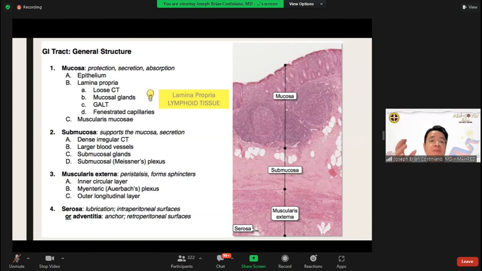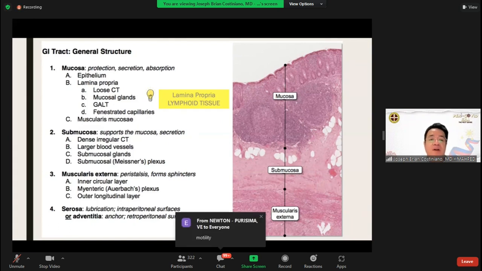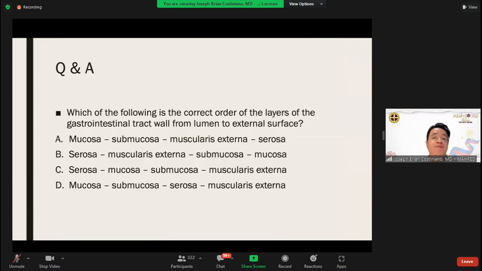Meanwhile, your Auerbach's plexus is in your muscularis externa. And Auerbach's is myenteric, so movement, peristalsis, formation of your sphincter tone. And you have serosa or adventitia, which is in charge of anchoring and lubrication.